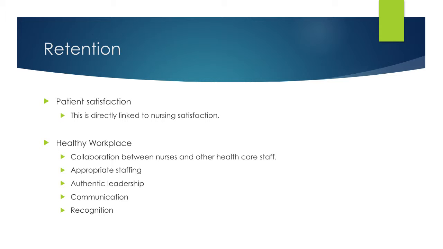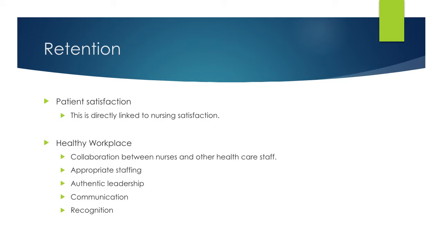So collaboration between nurses and their healthcare staff, that being, for example, doctors, case managers, physical therapists. There needs to be a good relationship between all of these people for us to give good patient care. Appropriate staffing, which is hard right now, I know at LGH especially, but having appropriate staff, not overworking or understaffing shifts or nurses, because that's how people get burnt out.